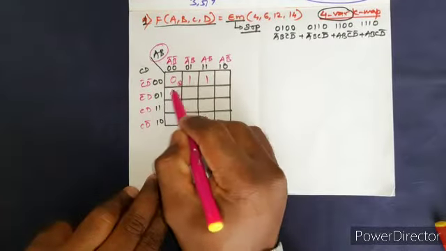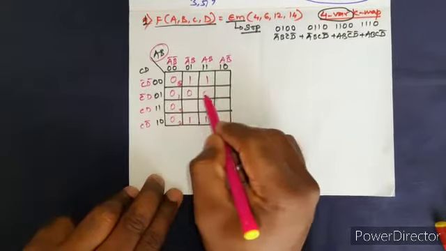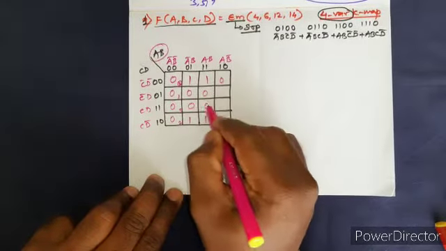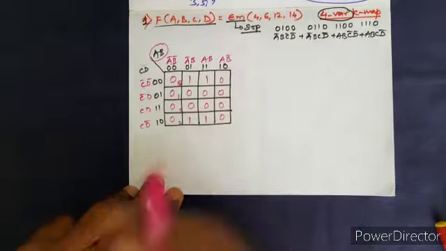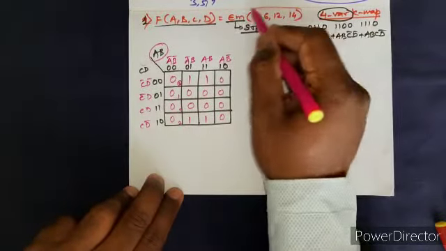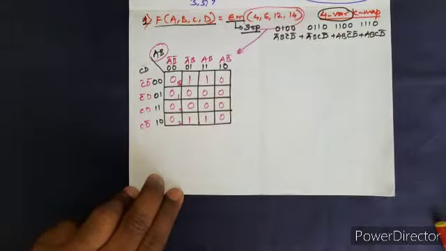Other cells are all 0. This way I have done the mapping of this expression into this K-map.